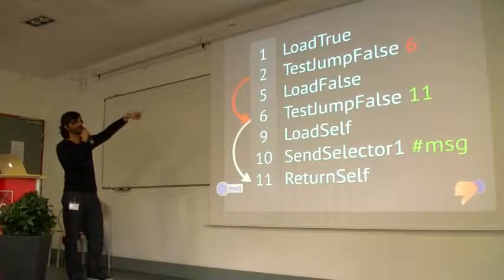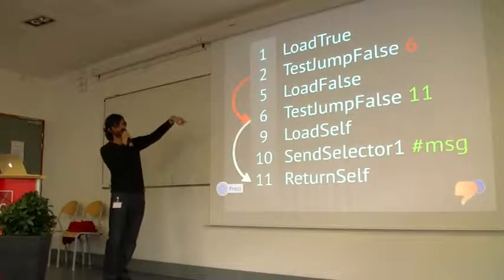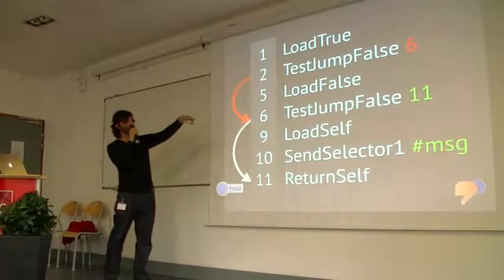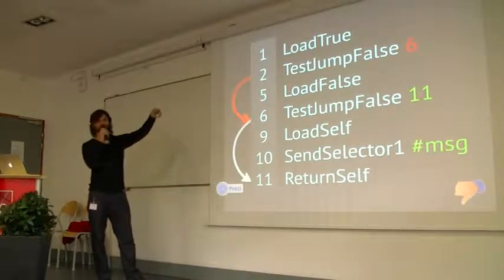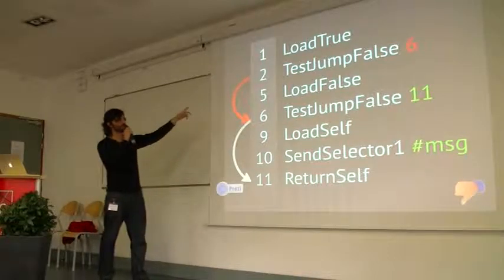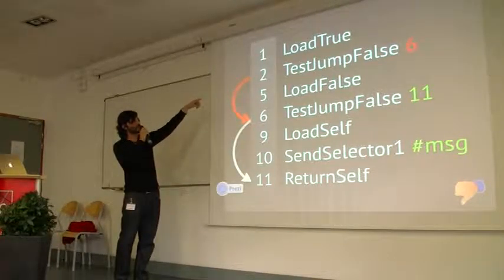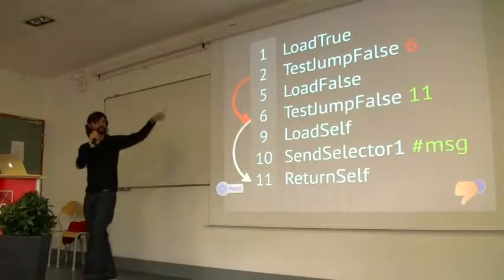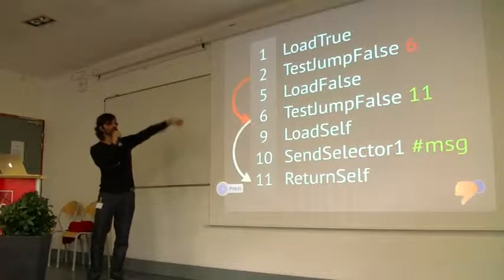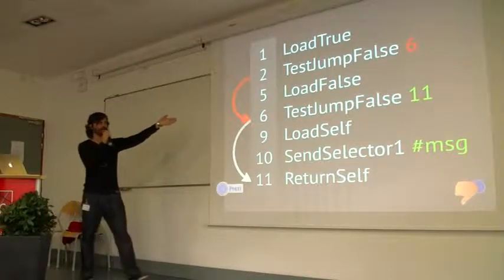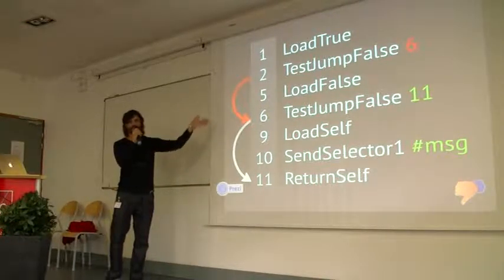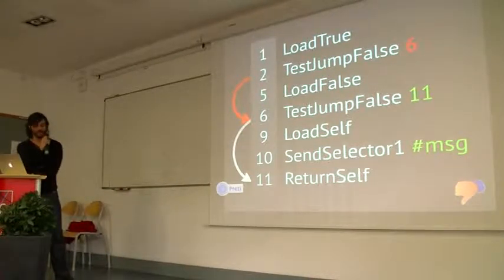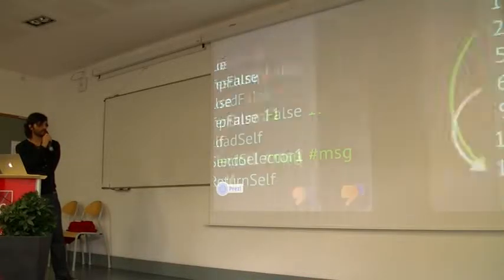Instead of jumping, we have two conditional jumps of the same kind, let's say, jump if false. They will jump if there is a false in register R. So instead of jumping from 2 to 6 and then to 11, we can directly jump from 2 to 11, because if we have a false in the register, that will be the final result, even though we leave it this way. So that's what we do.